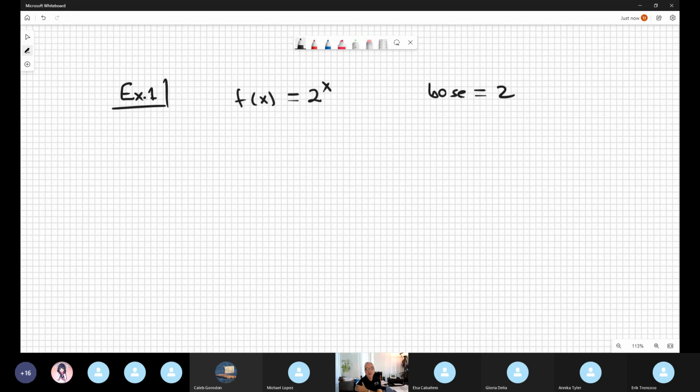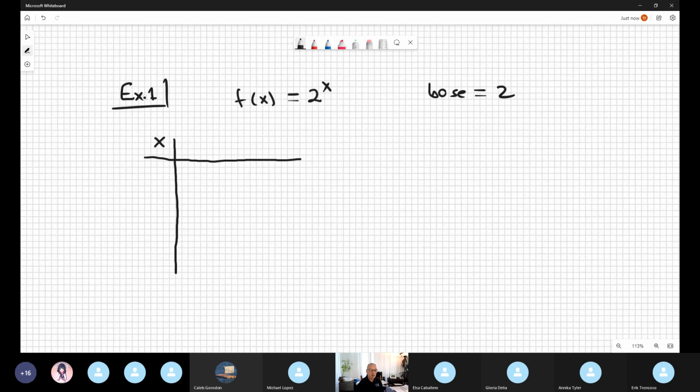Let's see what happens when the base is 3, 4, 5, 6, 7. It's easy. And it's classical in the test. I ask you, do the graph of the exponential. So for example, suppose I want to do the graph of the exponential. I create one table. So let's do it by hand.